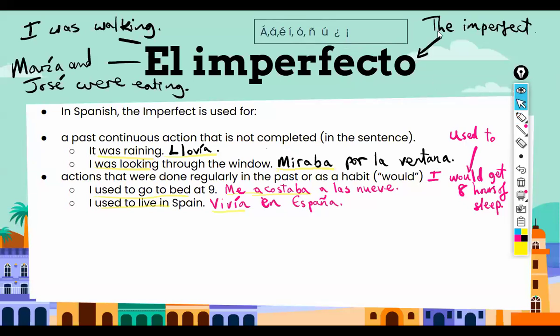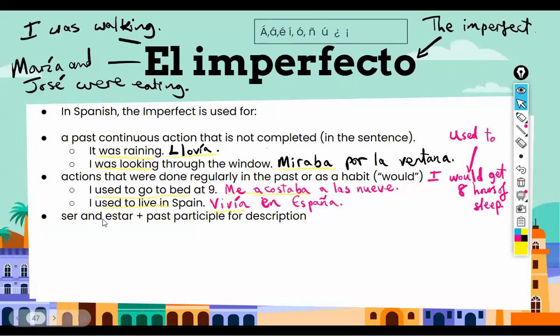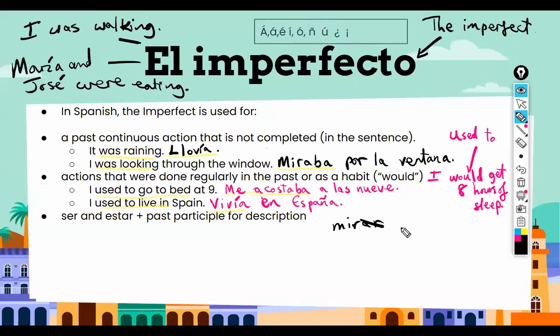I'm going to pause for a minute and give you a chance to catch up. Right, so the imperfect is used with the past participle for description. So we use estar in the imperfect plus the past participle for description, right? Now, do we remember how to form the past participle? If it's an AR verb, mirar, for example, we take off the AR and we add ADO, so it becomes mirado, right?